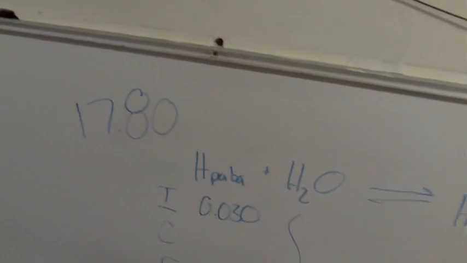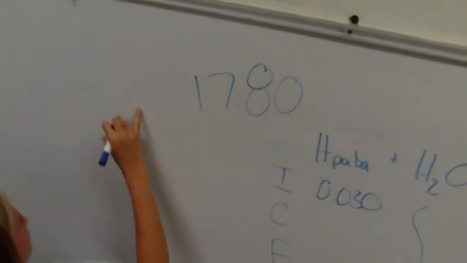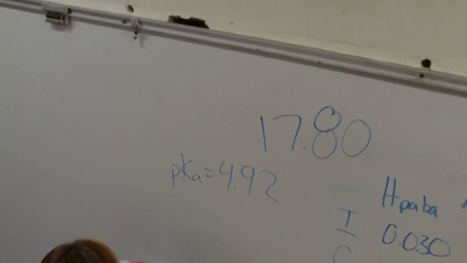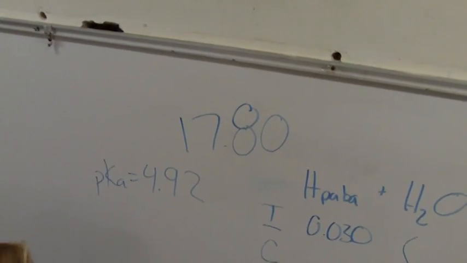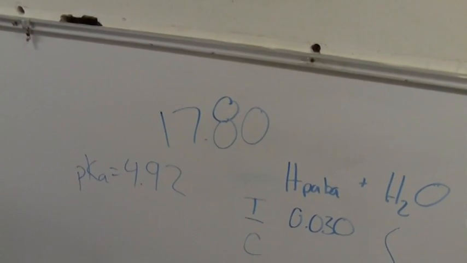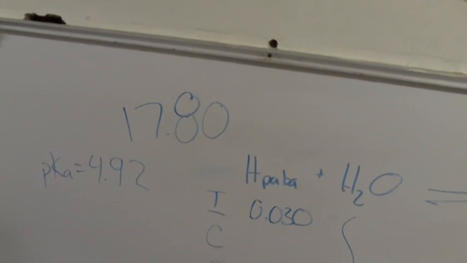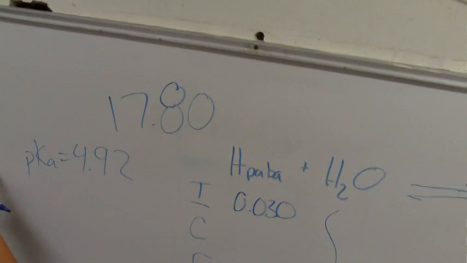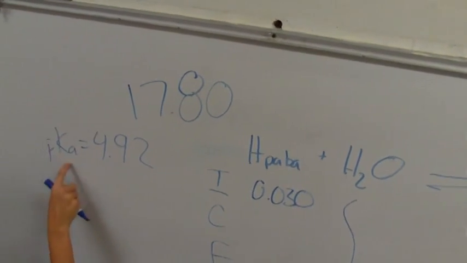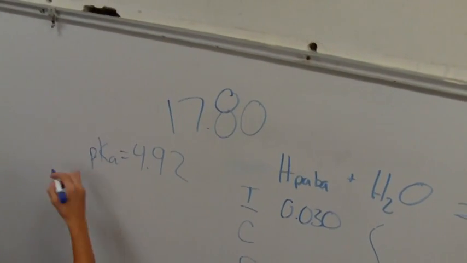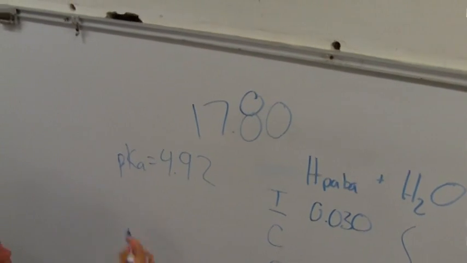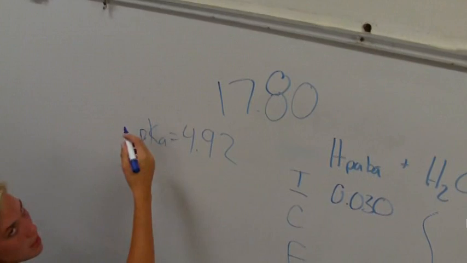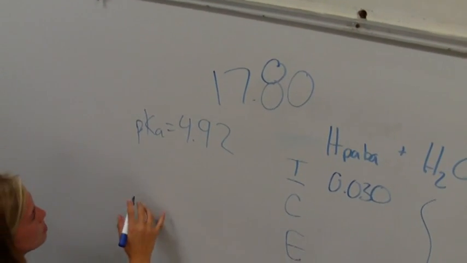So first off, they give us the pKa, which is 4.92, and we are gonna need the Ka in order to answer the question. Anytime there's a p, it just means that they took the negative log of the original thing. So if you have pH, pOH, pKa, pKb, whatever, all that means is they took the negative log of the original, like Ka, Kb, or whatever concentration.